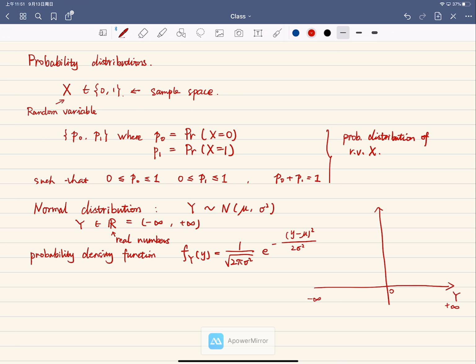It looks like this shape. It's bell-shaped and symmetric.